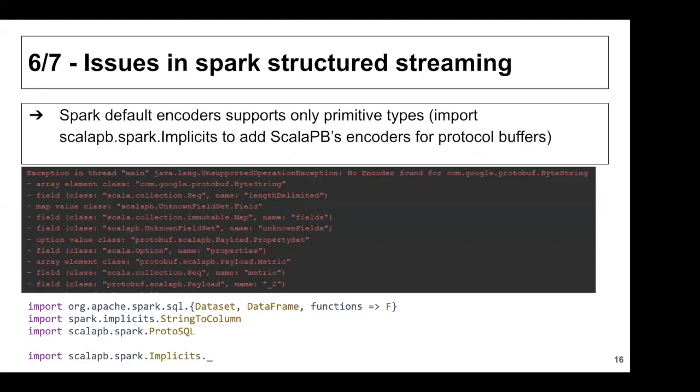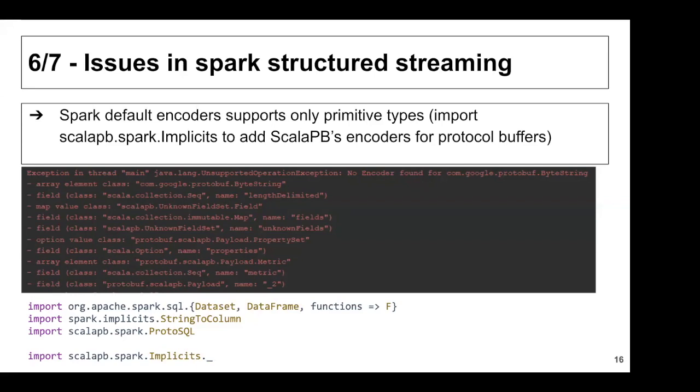So coming to the Spark part, in Spark we can very easily deserialize any message which is serialized using Google Protobuf. But there are some problems because normally Spark uses encoders, and the encoders support only primitive types.